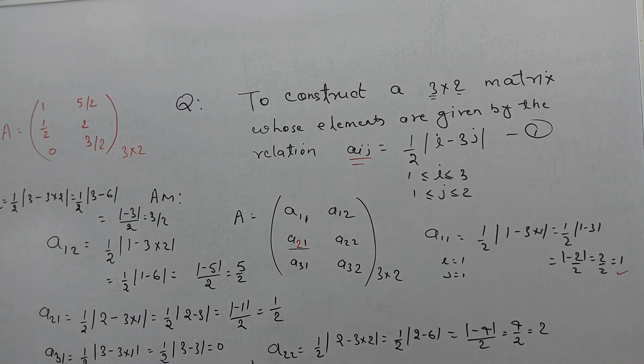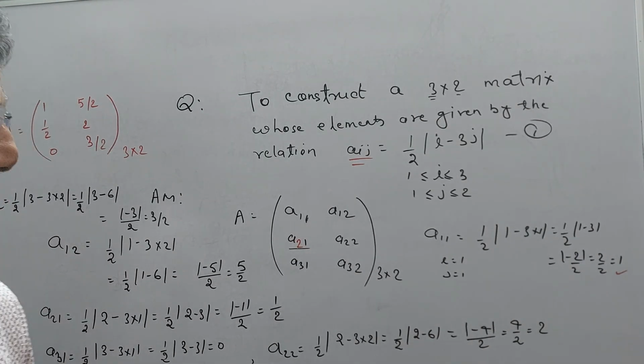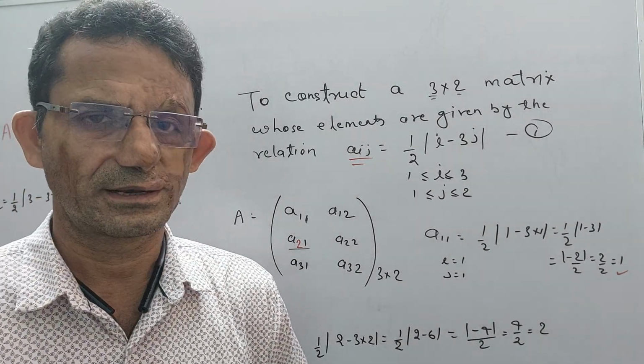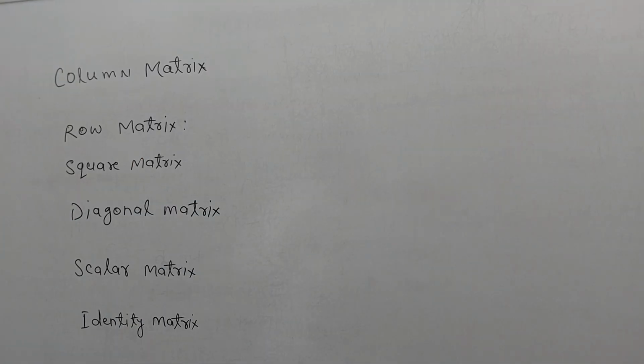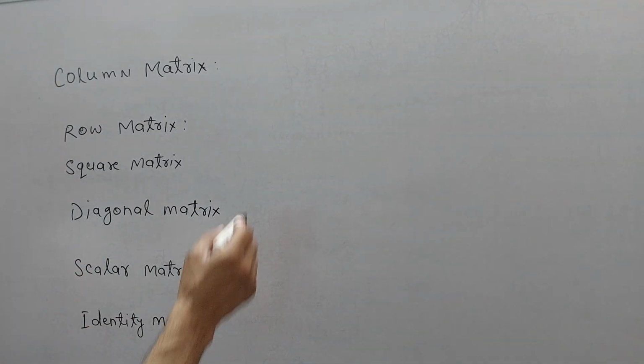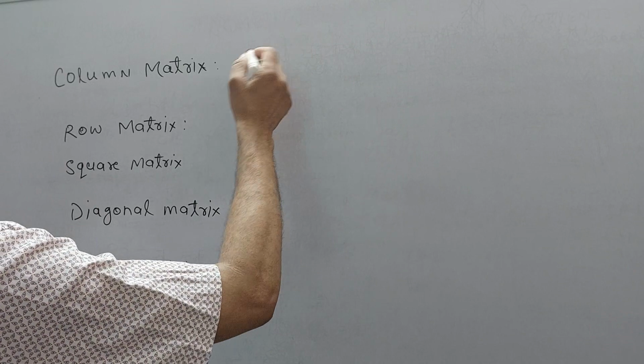Now next we go to some types of matrices and then related problems under them. Now the column matrix: if all the elements of a matrix are in column format, only one column.